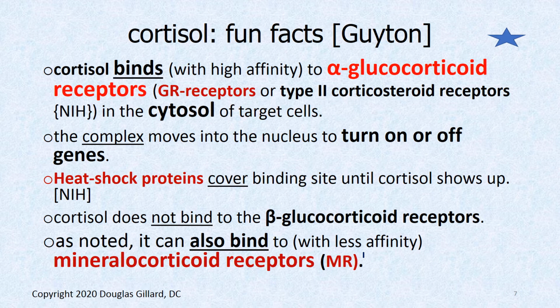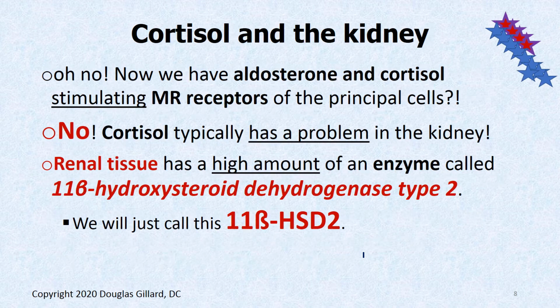If enough aldosterone pounds on them, depending on where it is, it can remove that as well. It's like a shield, like a little cover for the receptors. Not good to have mutations of those things where they don't come unbound. I won't get into that one, though. Cortisol does not bind to beta glucocorticoid receptors. It only binds to alpha glucocorticoid receptors. And as noted, it can certainly bind to MR receptors.